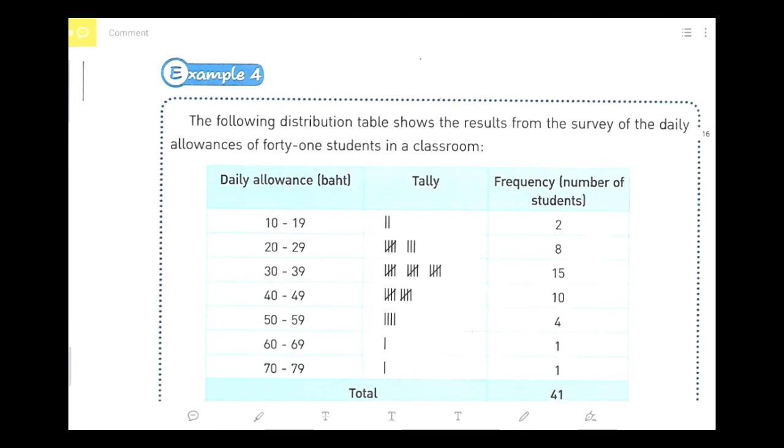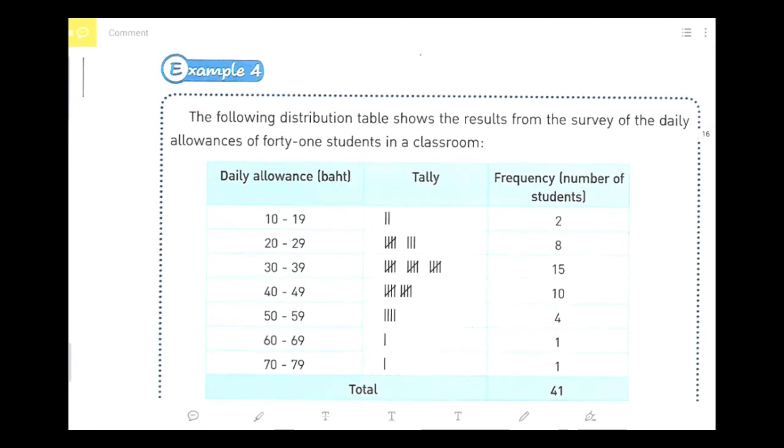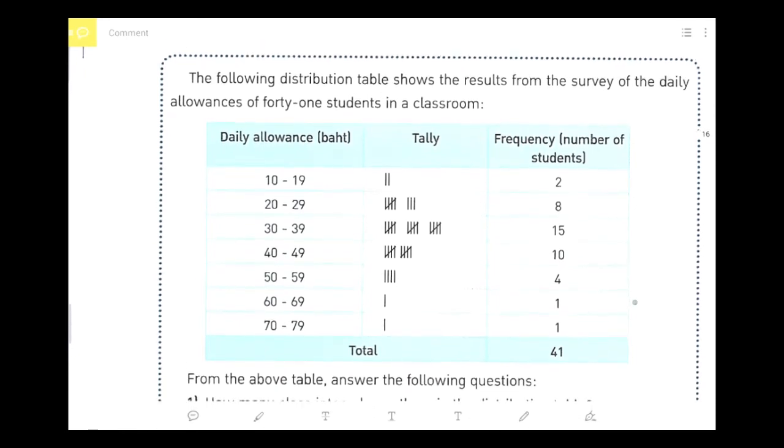Okay, so the following distribution table shows the result for the students. We just want to look at example number 4 quickly. What you have here is the distribution table from the survey of allowances for the students in a classroom.